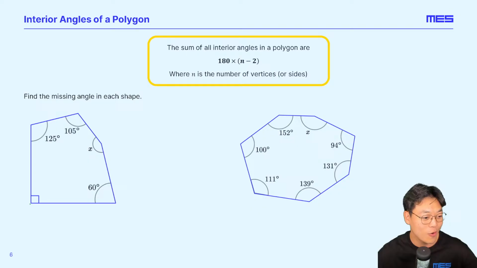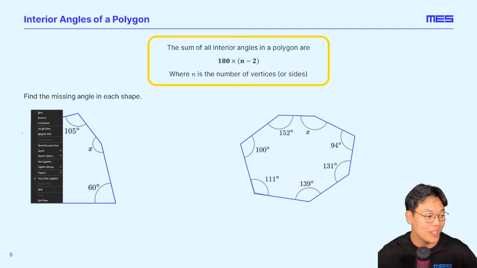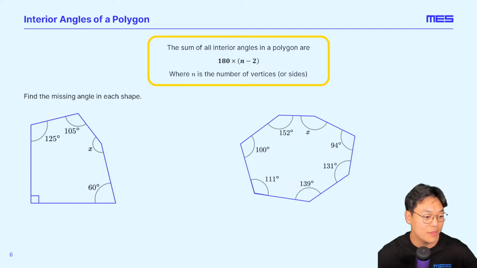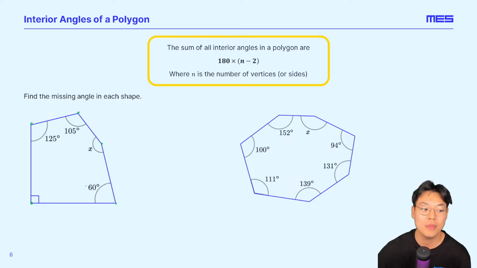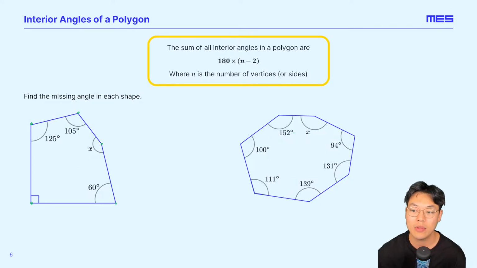Amazing. Let's see if we're correct. Chidima as well. Amazing. We have 1, 2, 3, 4, and 5. Beautiful. The way that I like to count oftentimes is I like to count from bottom left and go around, or I'll count from the right side of whatever my missing angle is and count from there.